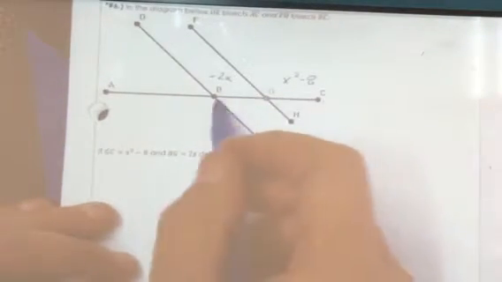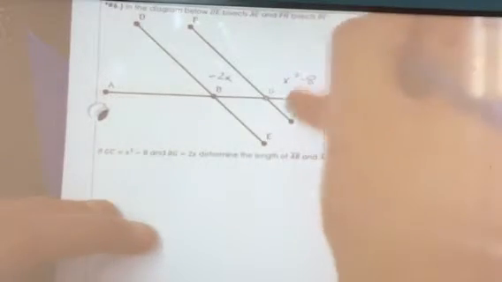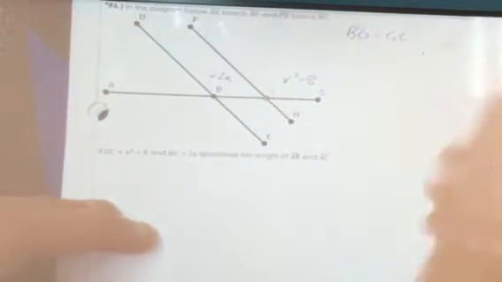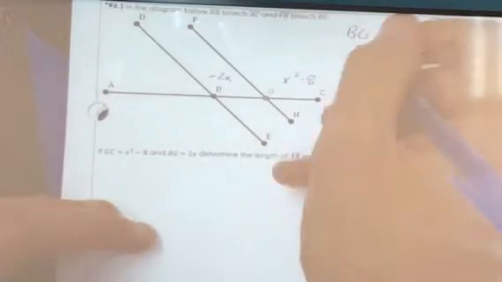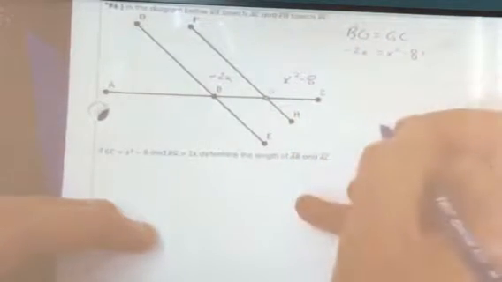So we know that BG is equal to GC because BC is bisected, cut in half. So we can say BG equal GC. That's negative 2x equal x squared minus 8.